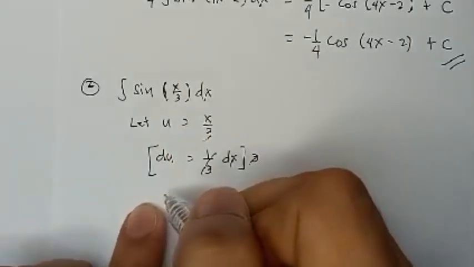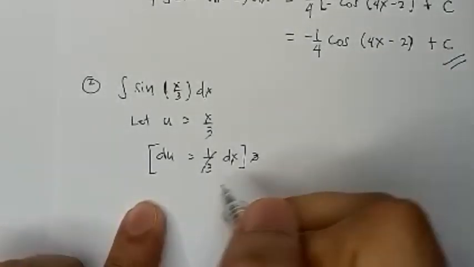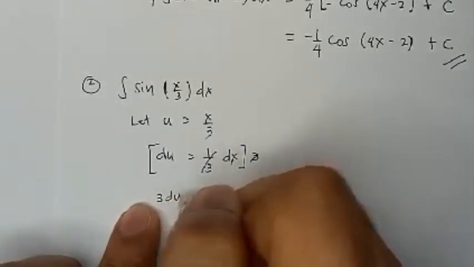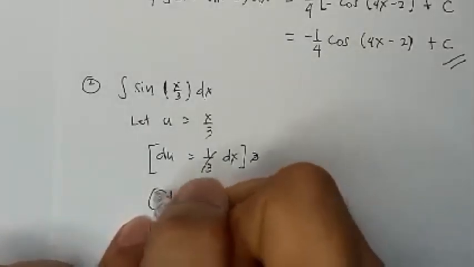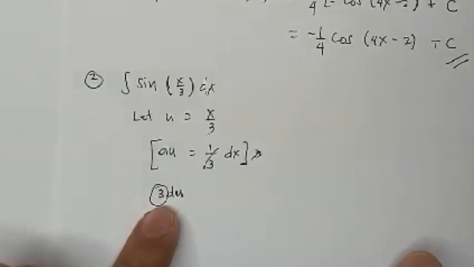So we have now 3 du. So what does this mean, guys? Our 3 here becomes our integrating factor.